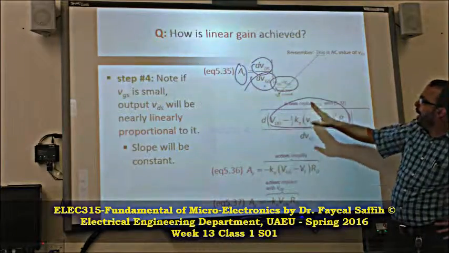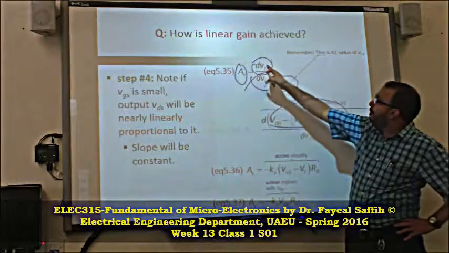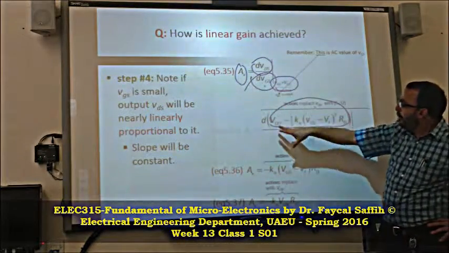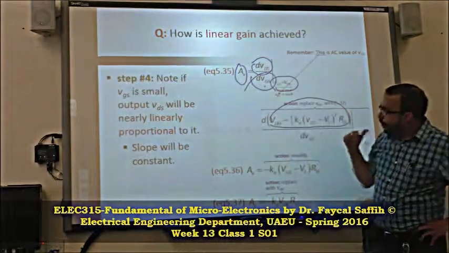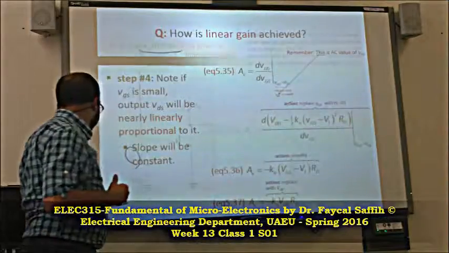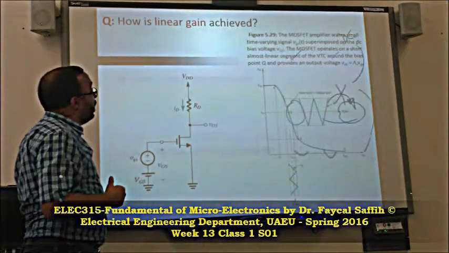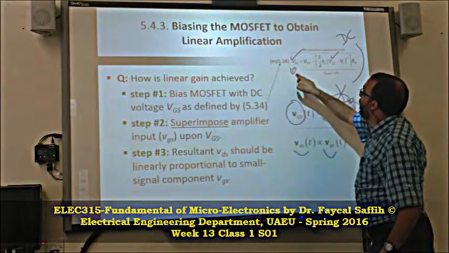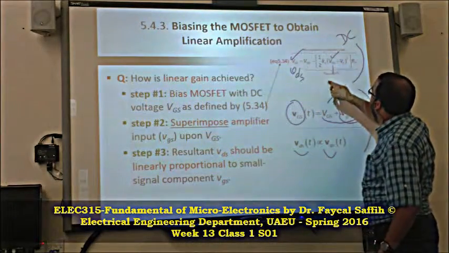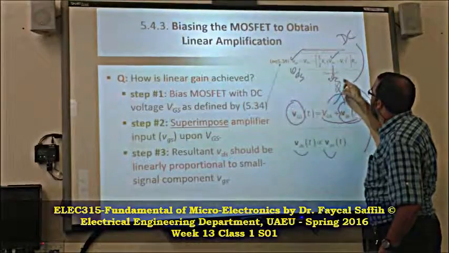Now we take VDS, the AC signal. If we use AC on one part, we have to use AC here. So we take the previous equation. If I take VDS here, then automatically I have to use VGS here.